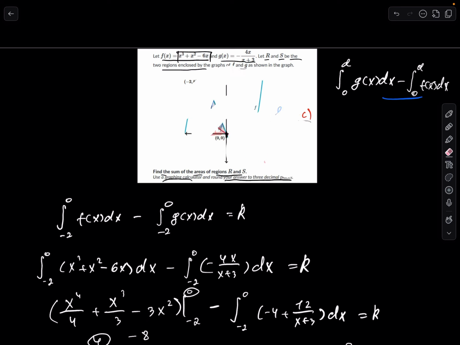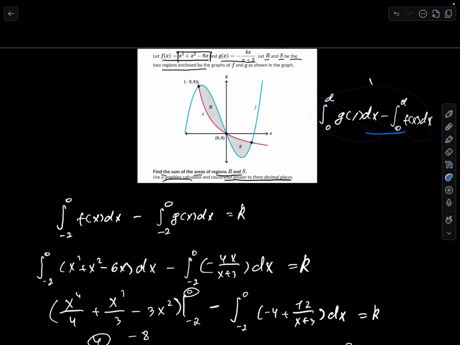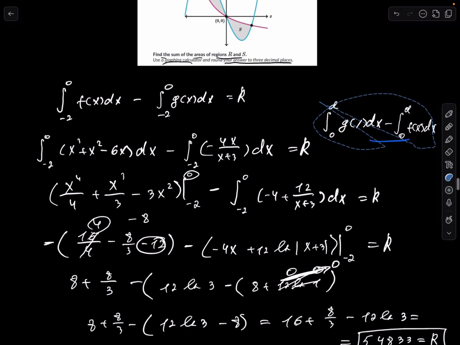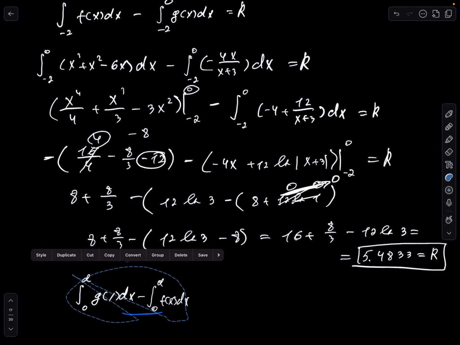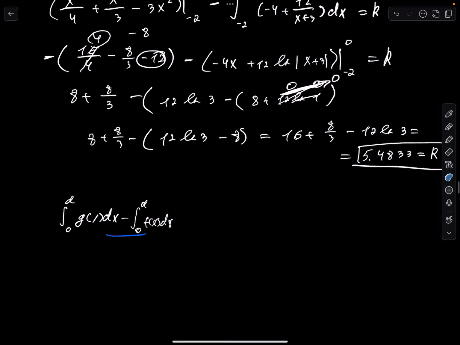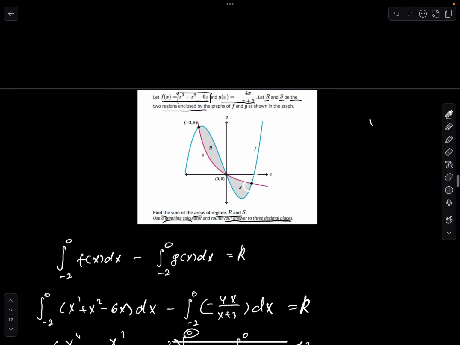So let's go ahead and evaluate it right now. Let me quickly get it over here. All right, so now let's use our graphing calculator to understand what is D. D is basically the third intersection here.